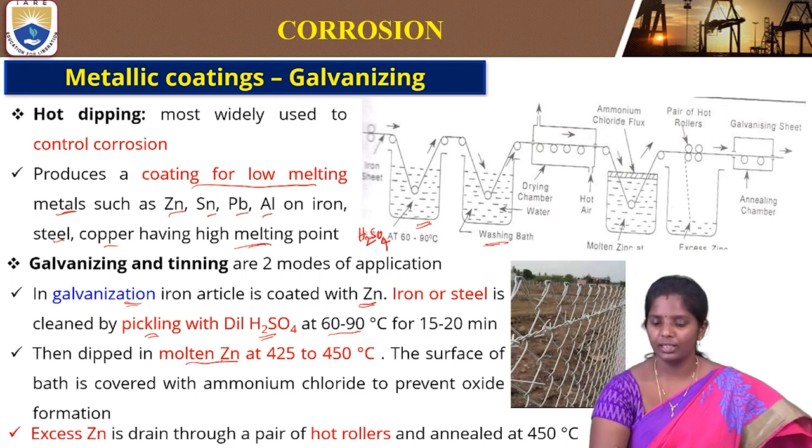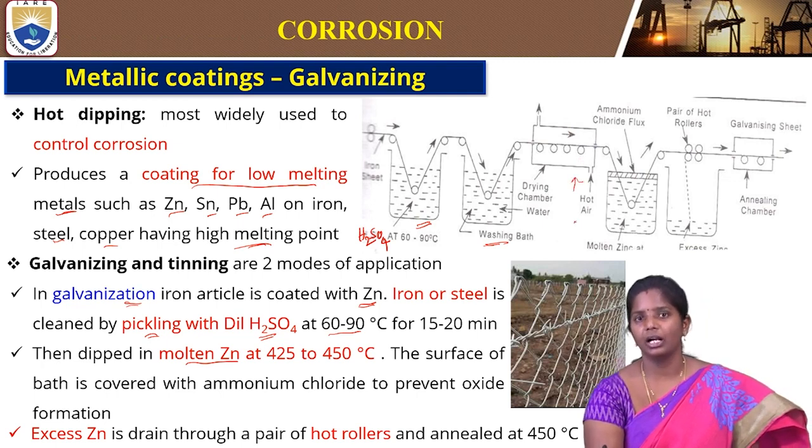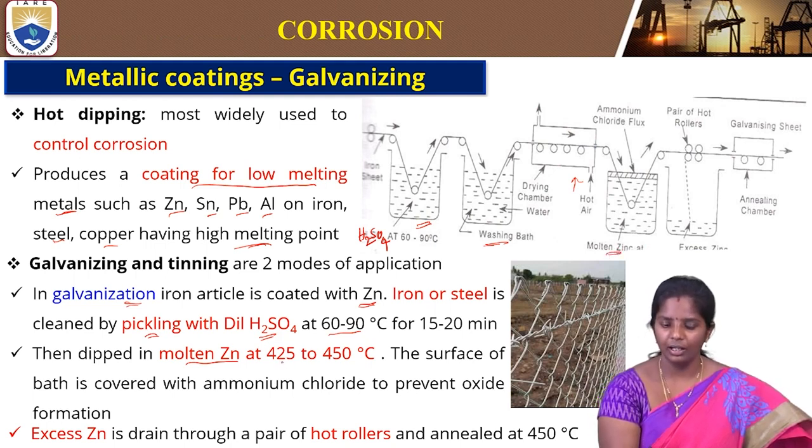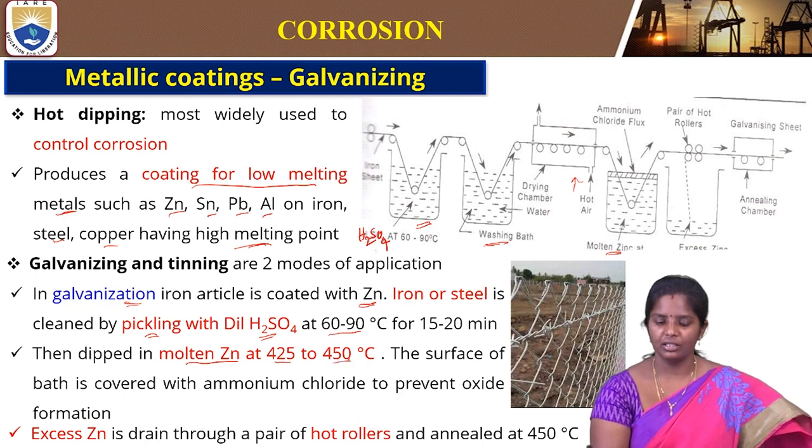So here is the molten zinc. Before that, it goes through the drying chamber. In the drying chamber, we supply hot air, because when temperature increases, it dries quickly. In hot air it gets dried and is again dipped into the molten zinc at 425 to 450 degrees centigrade.